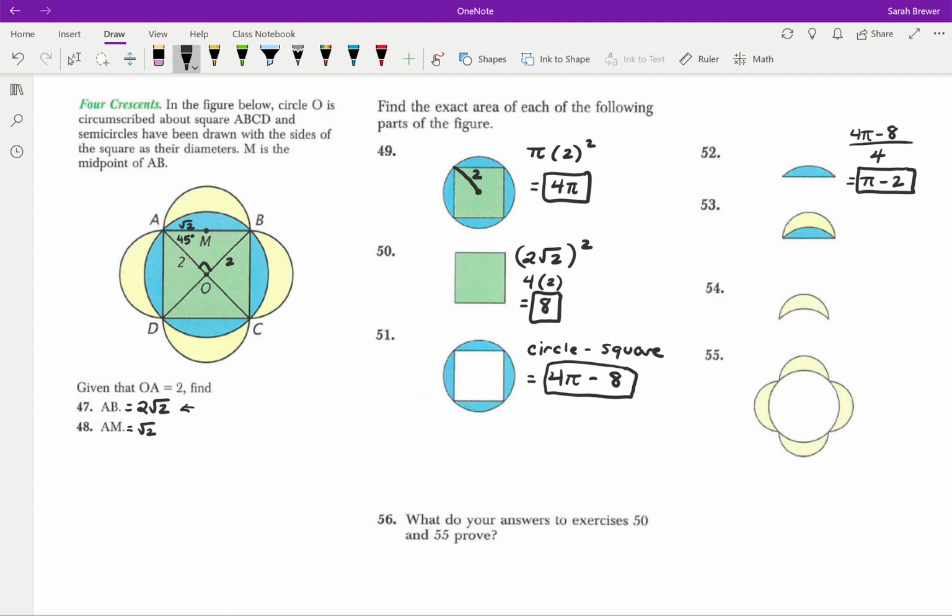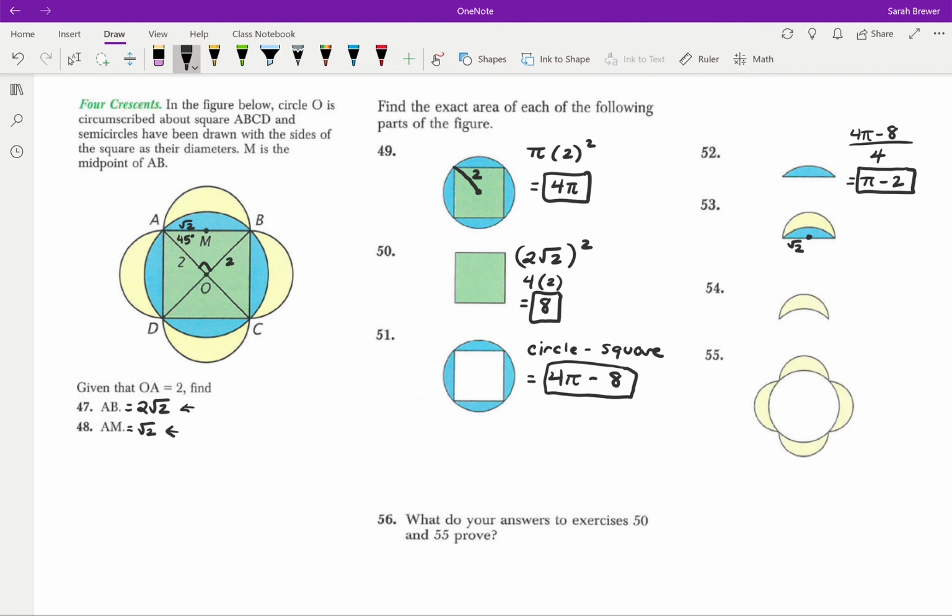All right, for number 53, I'm not quite building on the previous information as much. For this one, I need to go back to my original picture. And I notice that this is one of those semicircles that's drawn on the side of that green square. And my radius here, remember we found AM to be root 2.